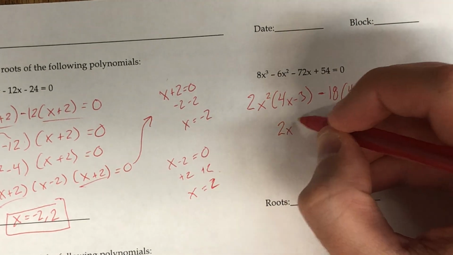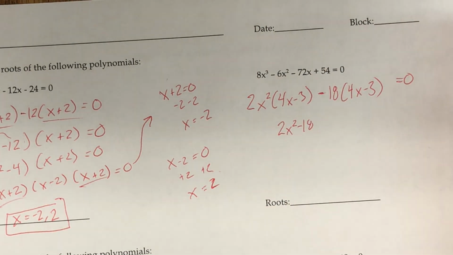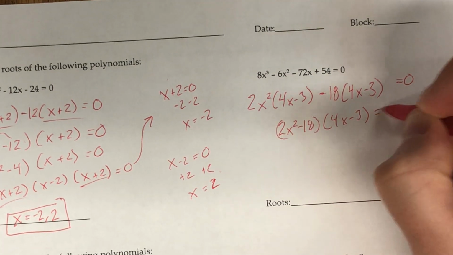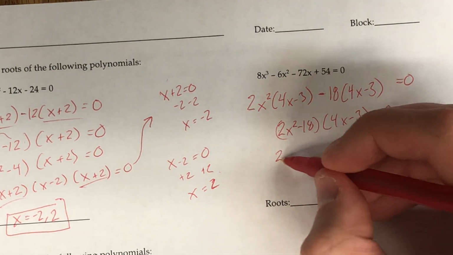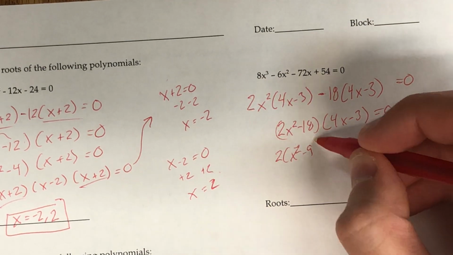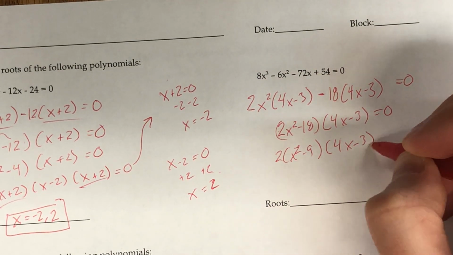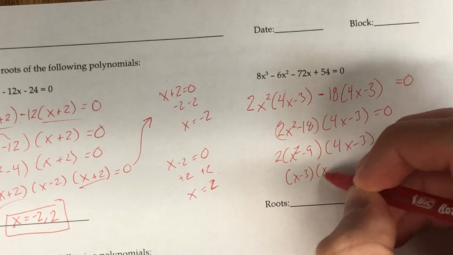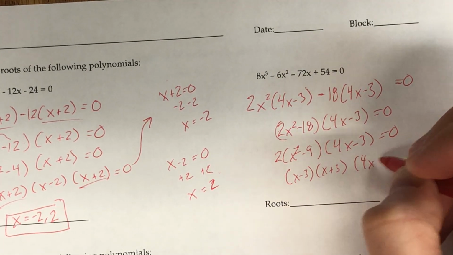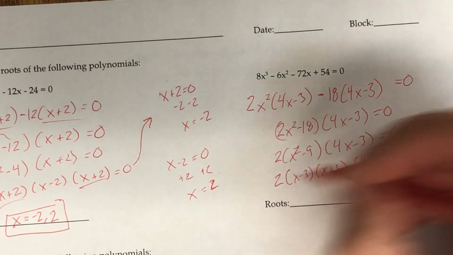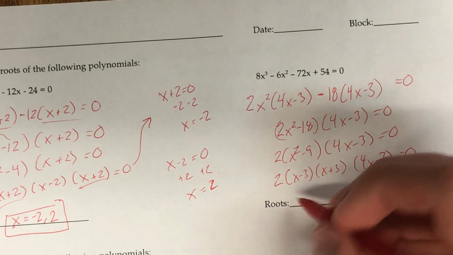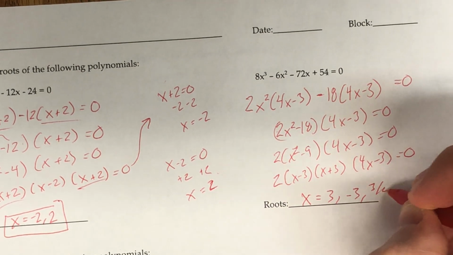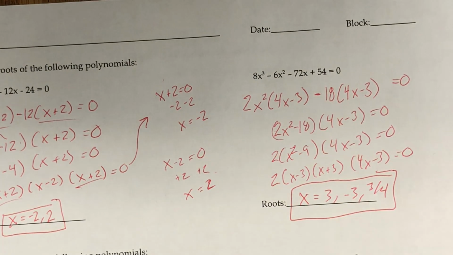So I've got 2x squared minus 18 times 4x minus 3 equals 0. Again, noticing I can factor a GCF out of that one. X squared minus 9 will factor into x minus 3, x plus 3. And 4x minus 3, to which when you go ahead and solve, your roots should be 3, negative 3, and 3/4. And there we have it.